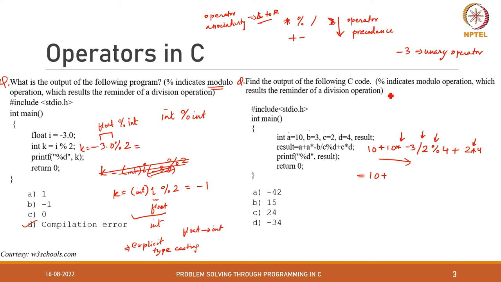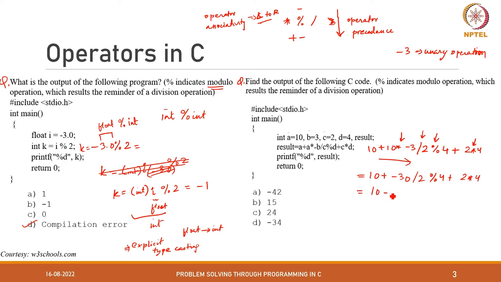I'll tell you in the next slide what a unary operator is. It is basically acting on a single operand, and it has a higher precedence than even the arithmetic operators. So this will be minus 30. Then we'll have by 2 percentage 4. I'll do it one by one.